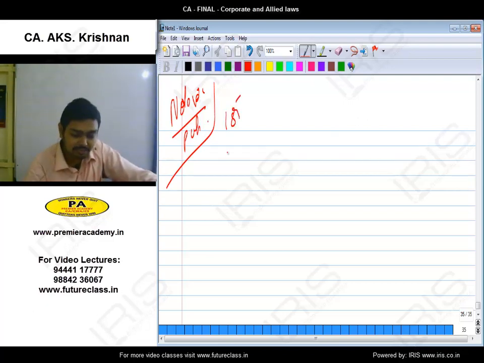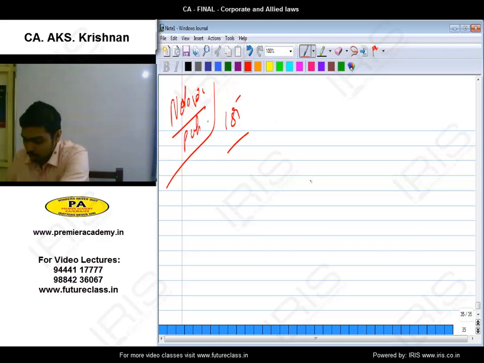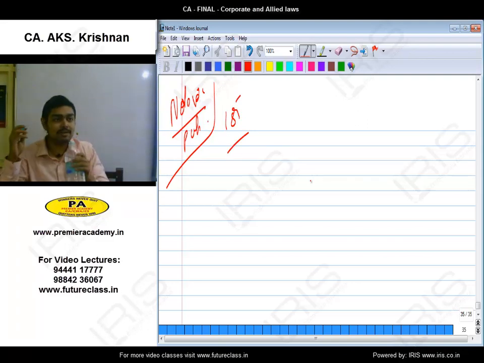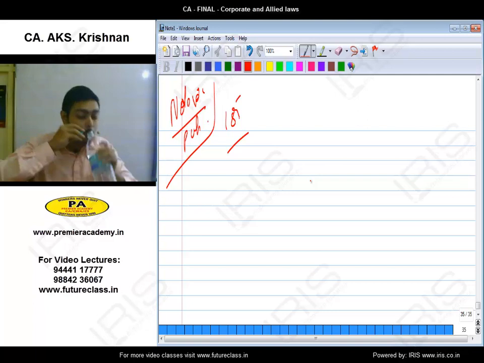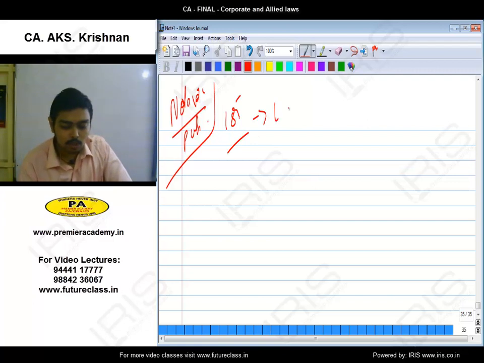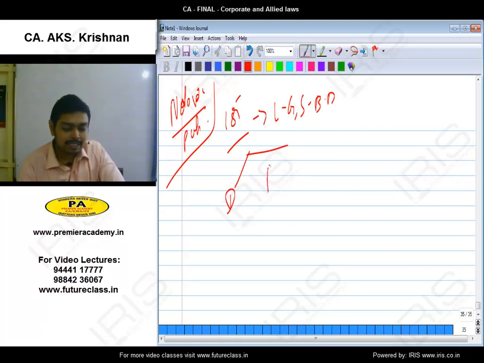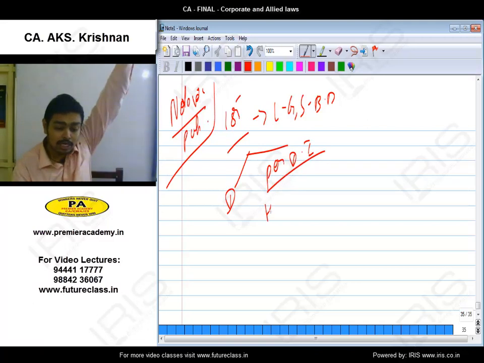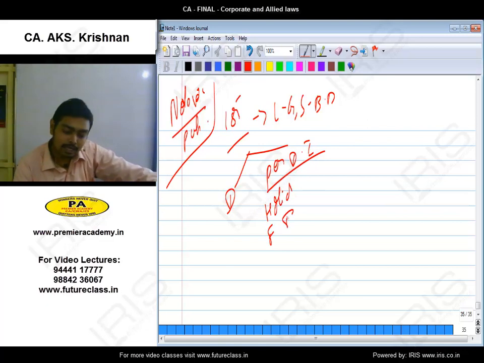Then we have 185. What is that? Loans to directors. What does it cover? It covers loans, guarantees, securities, and book debts, for the director as well as persons in whom the director has interest. That is, a director of the holding company of the lending company, a firm in which the director or his relative is a partner, and relatives.